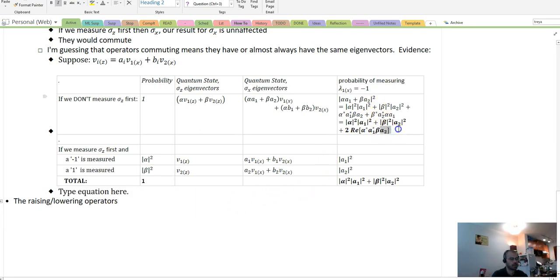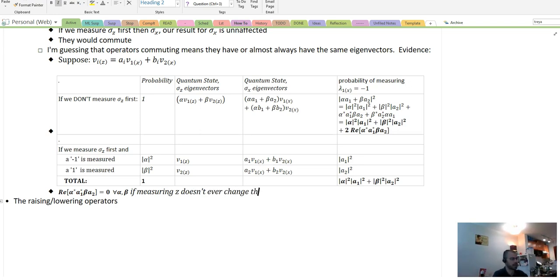So this equals 0 for all, no matter what our initial quantum state is, we want the measurement to be the same, so that should be for all alpha and beta, if measuring z doesn't ever change the x we measure, or the probabilities that we measure each x state.